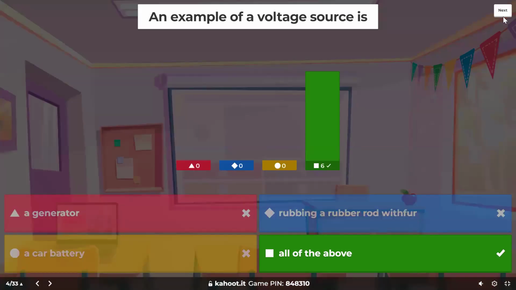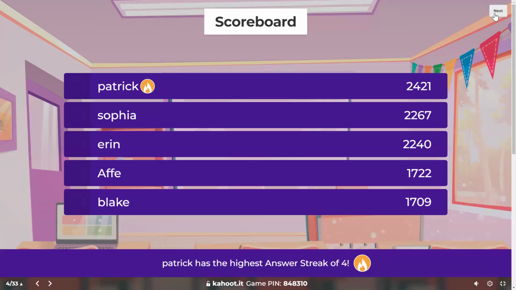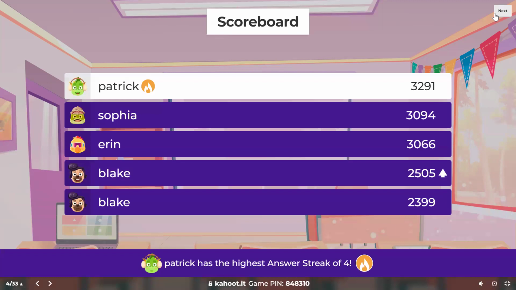All the above. Right, nice. Yeah, I think that blue one, rubbing rods with fur, was some of the first ways that people would charge things up. I'm talking about like 300 years ago. It was, oh, there's some kind of static electricity on it. I wonder what we could possibly do with this. And then, yeah, examples a little bit more sophisticated. I got Blake, Aaron, Sophia, Patrick on fire.